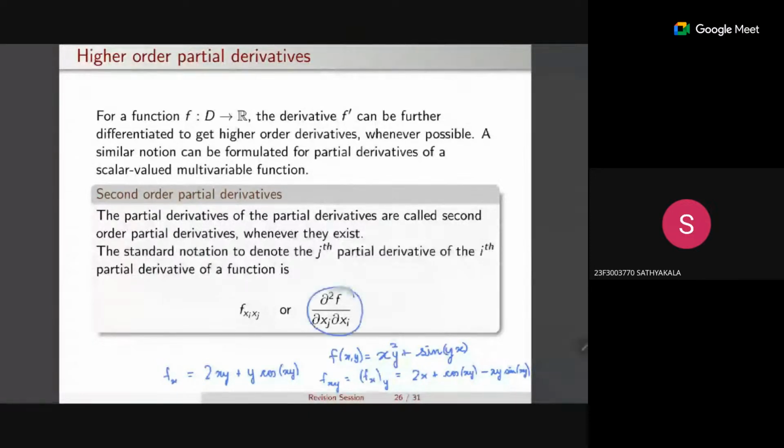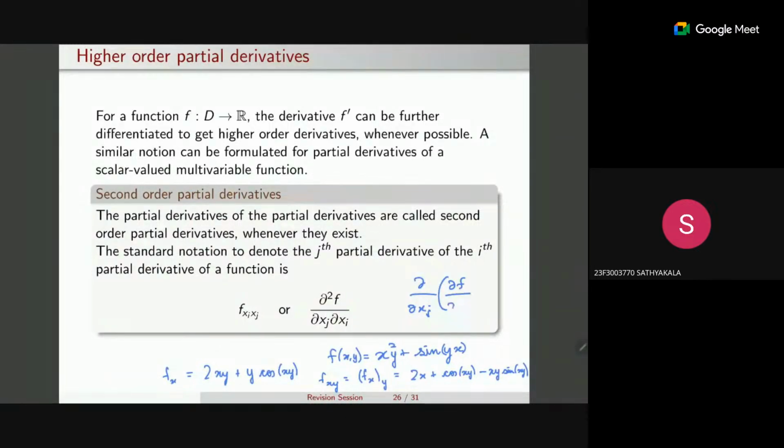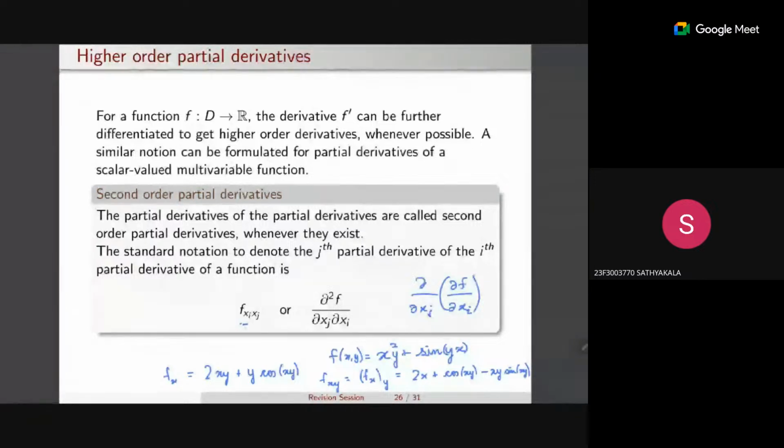While writing it in this form, it would be dou square f by dou xj dou xi. So it's like dou by dou xj of dou f by dou xi. So here the i will come in the right and j in the left, but there i will be in the left and j in the right. But the notation is self-explanatory, and it should not cause confusion.